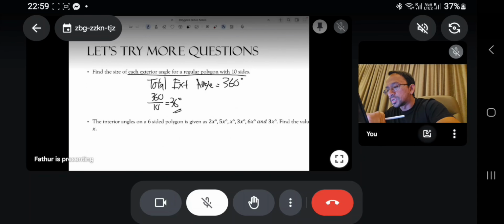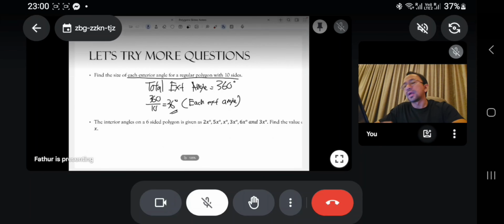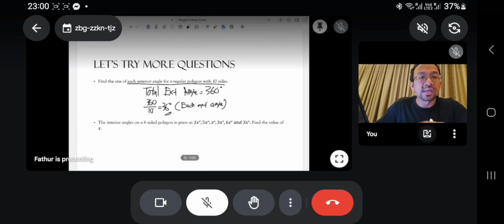You get 36 degrees. So this is each exterior angle. All right. So that's how you find the value of one exterior angle. If they ask you to find the value of one interior angle, you can always take 180 minus this exterior angle. So it's very straightforward, right? Because interior angle plus exterior angle equals 180 degrees. Okay. Just take note.